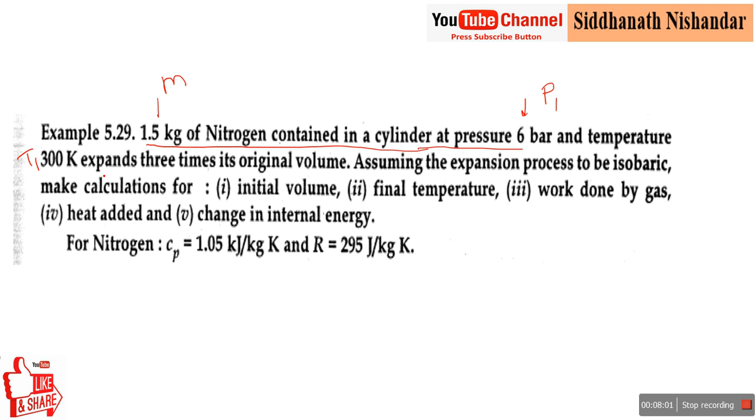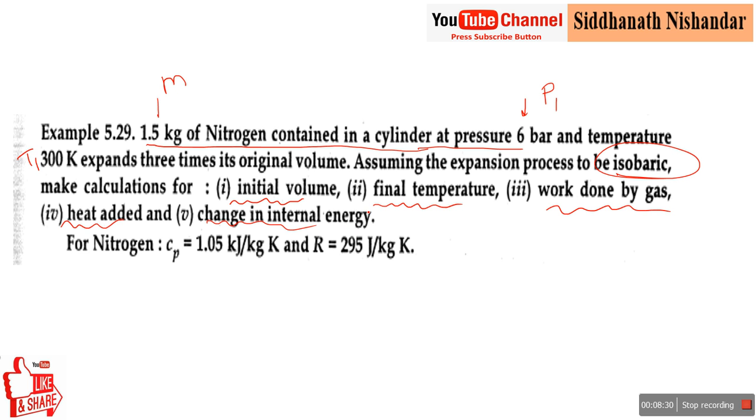It expands to 3 times its original volume, assuming the expansion process to be isobaric. So the given process is an isobaric process. Calculate the initial volume, final temperature, work done by gas, heat added, and change in internal energy.